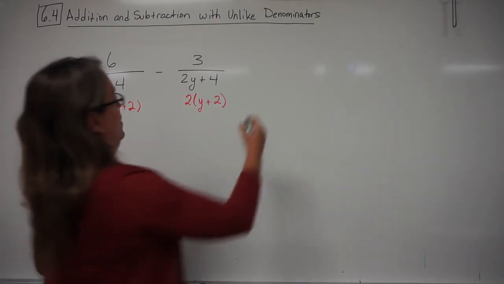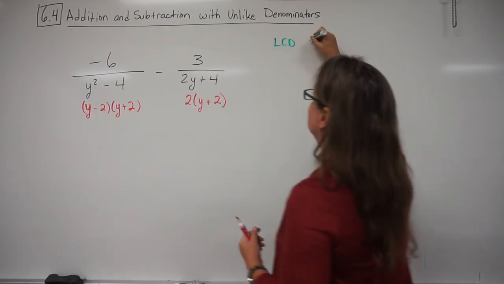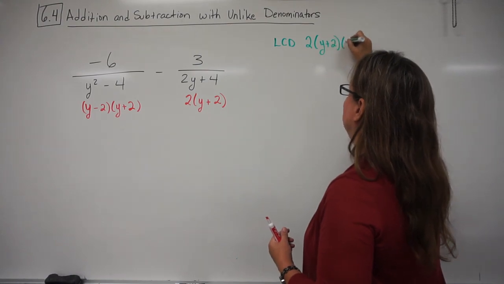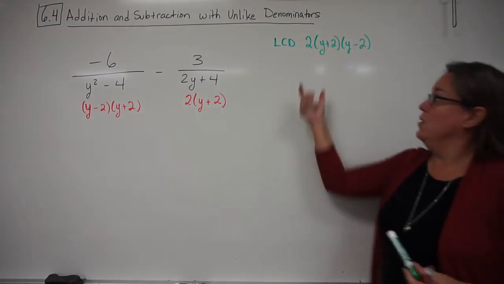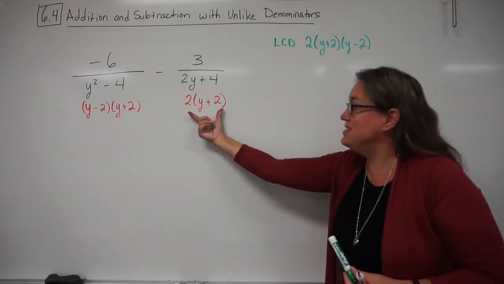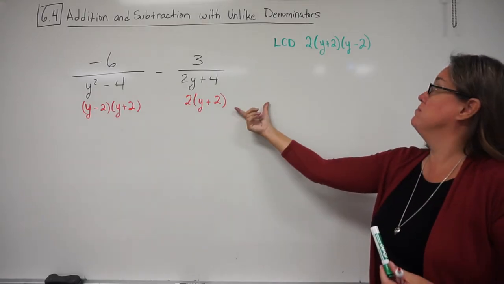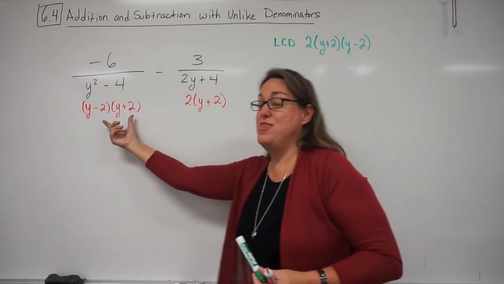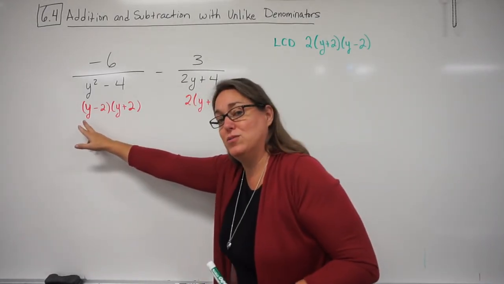So I'm going to make a note that our LCD contains the factors 2 and y plus 2 and y minus 2, because I can turn this denominator into our LCD just by multiplying by y minus 2. And I can turn this denominator into our LCD just by multiplying by a 2.